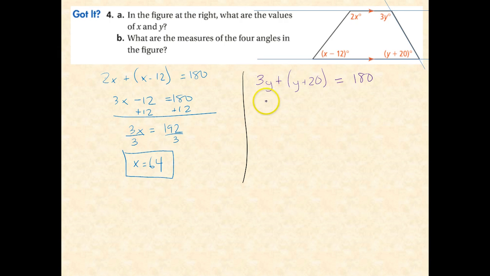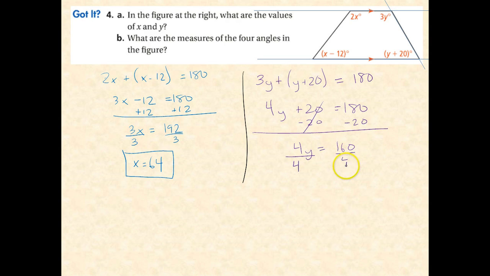So 3y plus y is 4y plus 20 equals 180. Subtract 20 from both sides of the equation. 4y equals 160. Divide both sides by 4, and y equals 40.